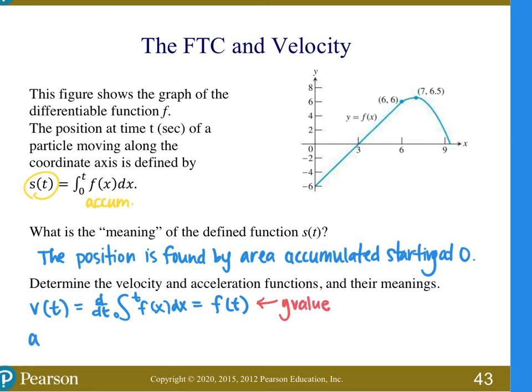And then the acceleration is the derivative of the velocity, which is f prime of t, which will be the slope value. So again, if you're reading this graph, position is area, velocity is y value, the height, and acceleration is the slope.